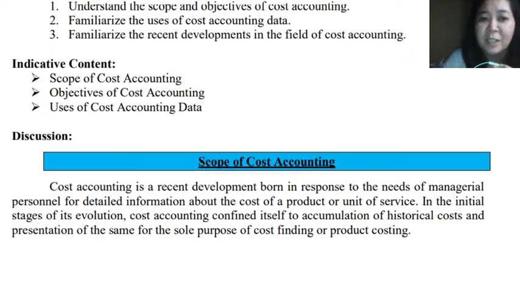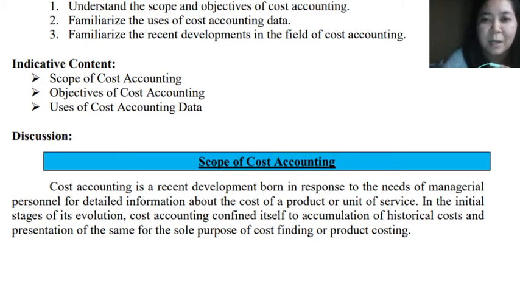In the initial stages of the evolution of cost accounting, what others perceived is that this field was only focused on the accumulation of historical costs.